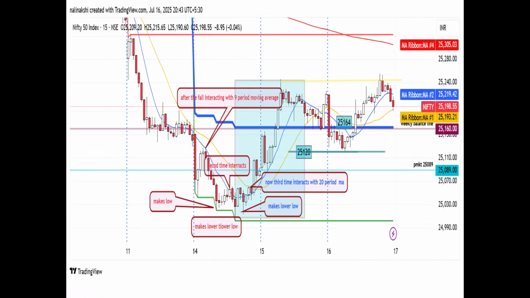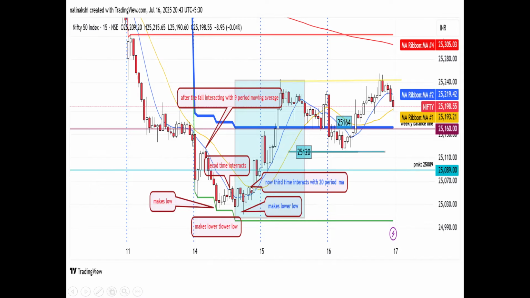This is the candle closing, almost the entire body coming above the 9-period moving average and interacting with the 20-period moving average. In this process, you can see a higher low has been formed over here.